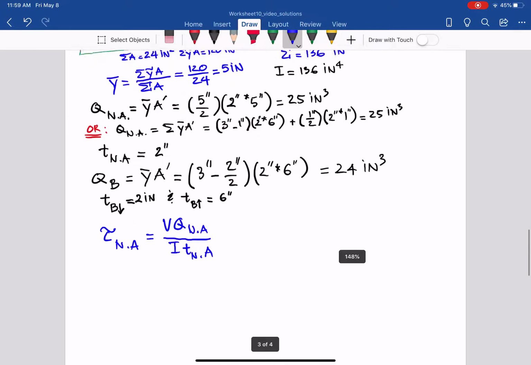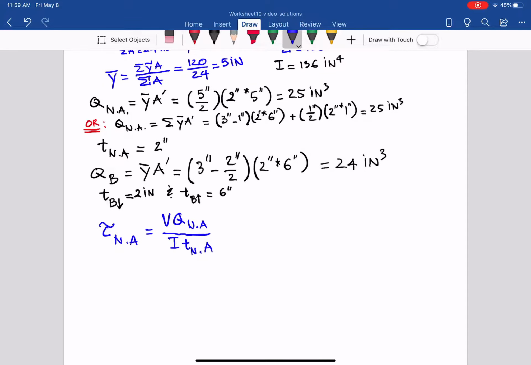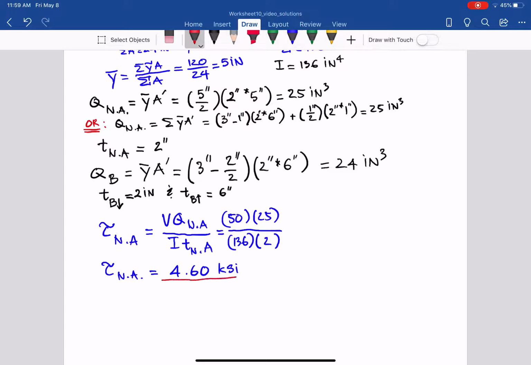So we have everything, plug in: V equals 50, Q at the neutral axis 25, divided by I, 136 inches to the fourth, and t at the neutral axis equal to 2. So from that we have tau at the neutral axis, and that is the maximum for sure. It will be 4.6 KSI maximum in this case, because that is where we get the maximum Q, and that is the first answer we have.